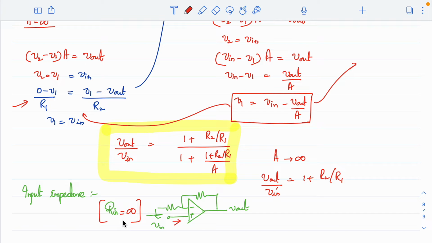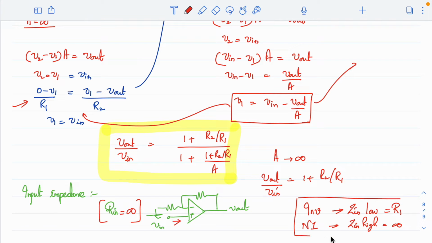This needs to be noted because for the inverting amplifier you observed that input impedance is low and equal to R1. For a non-inverting amplifier, input impedance is very high, equal to infinity.